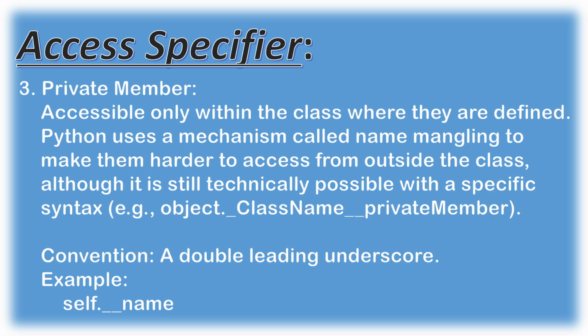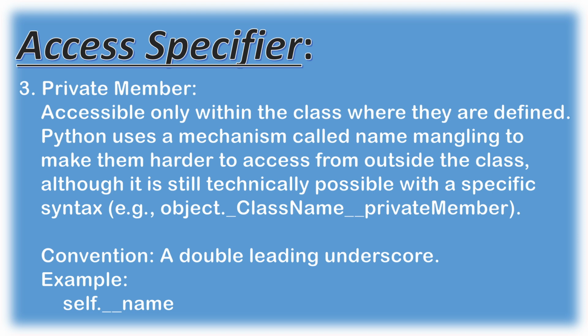All right. So next is the private member. It is accessible only within the class where it is defined. Python uses a mechanism called name mangling to make them harder to access from outside the class, although it is still technically possible with a specific syntax.